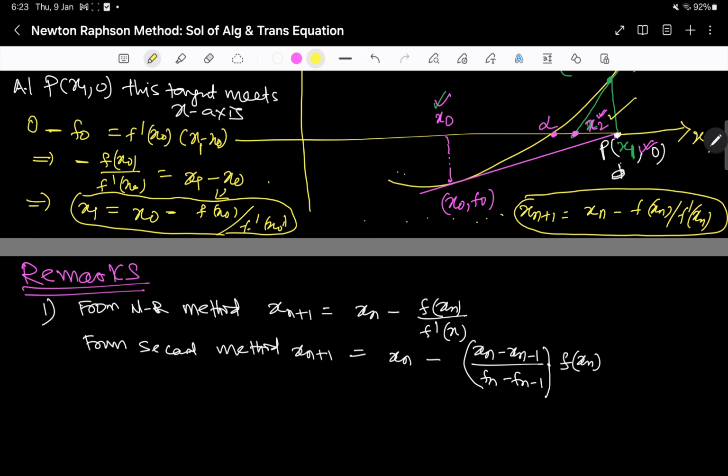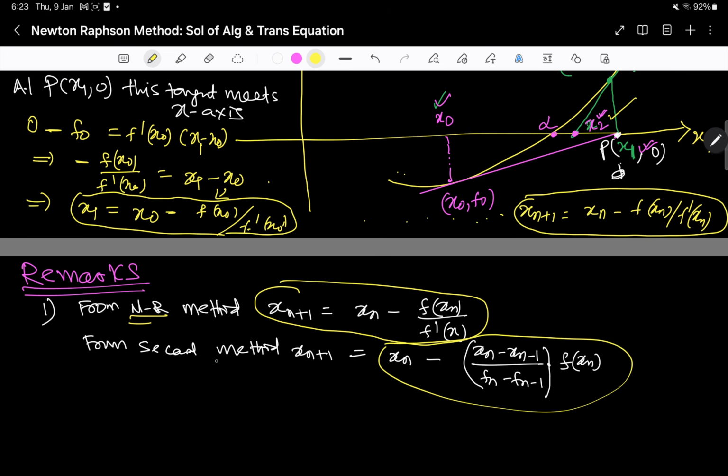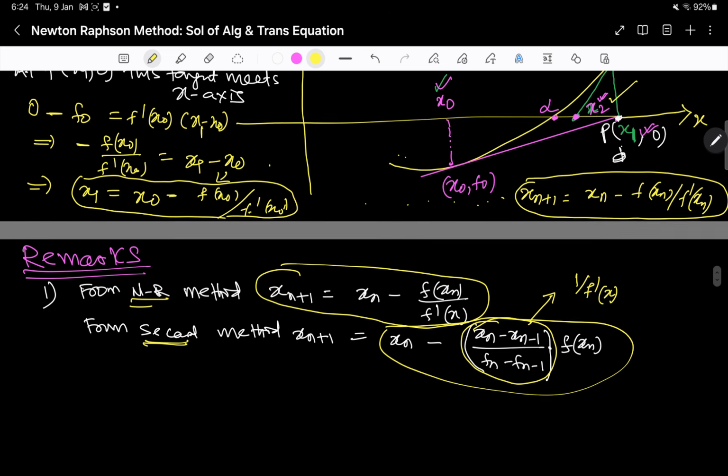Okay. So coming to the remark, one important observation. This is the necessary formula for your Newton-Raphson method, and this is the necessary formula for your second method, right? Now if you closely compare these two, this term here is nothing but 1 by f dash x. So what is my f dash xn?